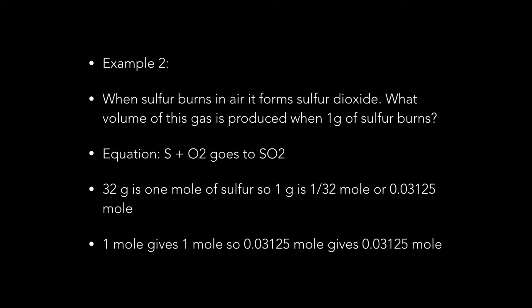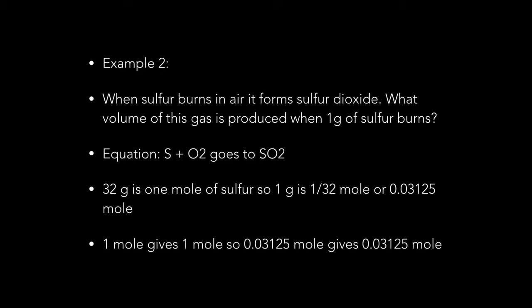Now, 32 grams is 1 mole of sulfur. So 1 gram of sulfur is 1 over 32 mole, or 0.03125 mole. Now, 1 mole of sulfur gives 1 mole of sulfur dioxide, because it's 1 to 1 to 1. So basically, well, you get it from the equation.